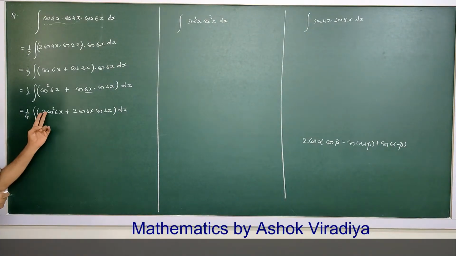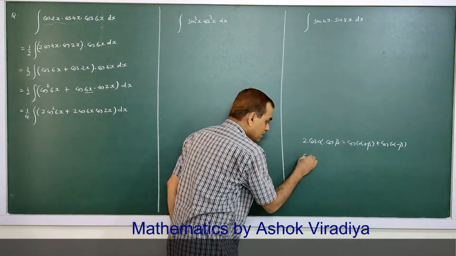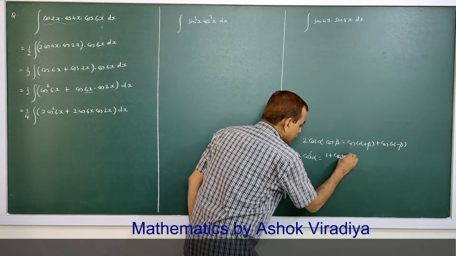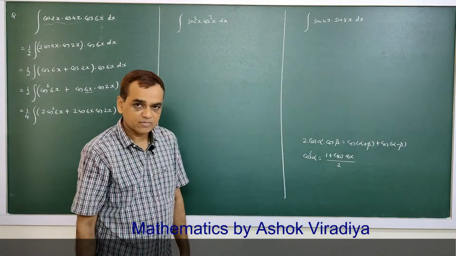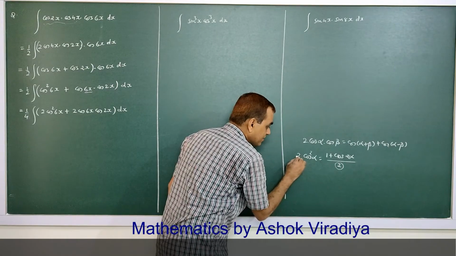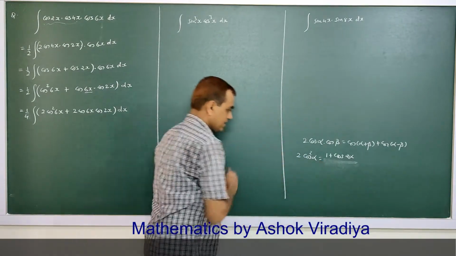Now this is 2 cos square theta. Cos square theta or cos square alpha is (1 plus cos double alpha) by 2. This is the result. Now this 2 can be seen on left side, so no need to put this 2 in the denominator.